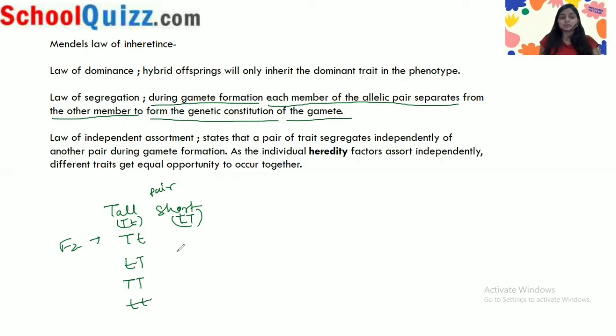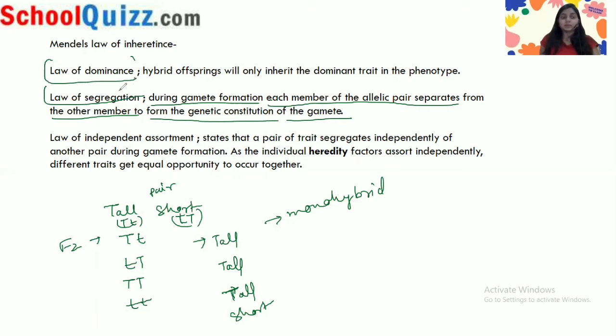I hope this is clear for you, all the possibilities: the tall, and the tall, then the short. So from this monohybrid experiment, the law of segregation and the law of dominance come.